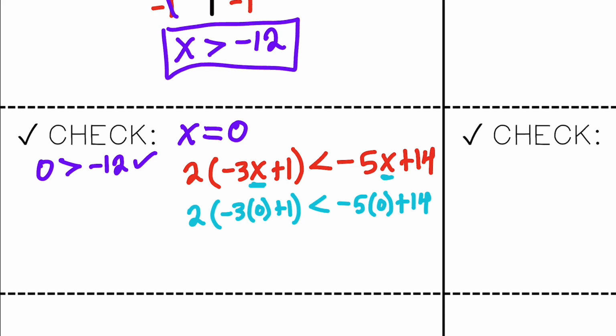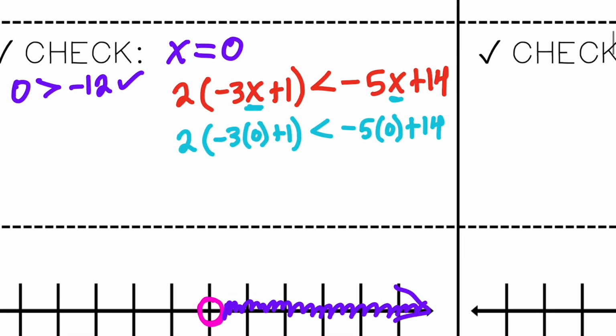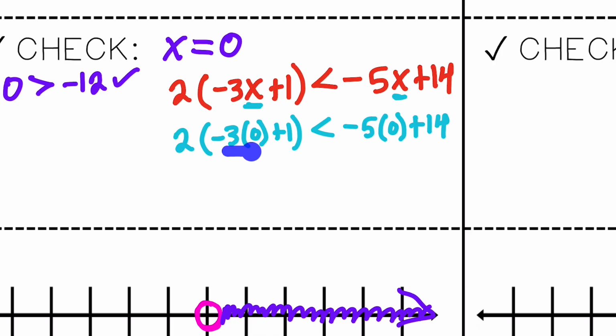Okay, let's take a look. From here, let's see if we can simplify some things. Anything times 0 is 0. So that means we are left with 2 times 0 plus 1, and 0 plus 1 is just 1, is less than, and again, anything times 0 is 0, so we can ignore this, and I'm left with 14. 2 times 1 is 2, which is less than 14.